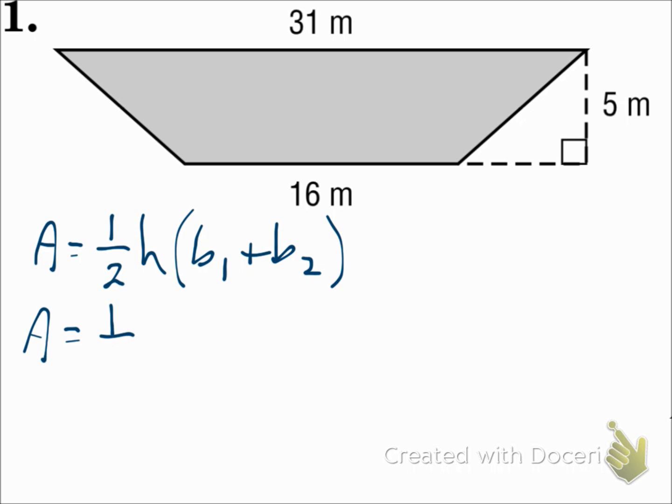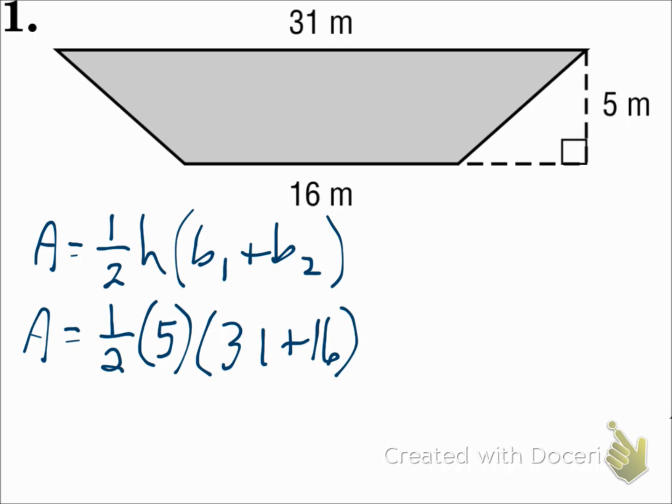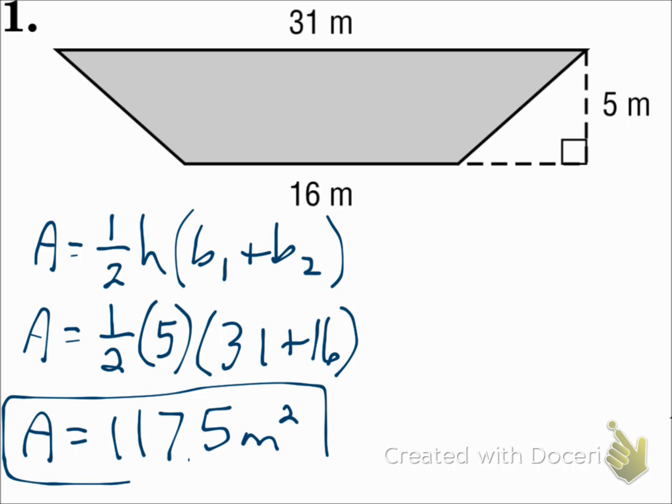The height is 5 and the bases are 31 and 16. That gives you a grand total of 117.5 meters squared. On that one we knew all of the values we needed, so we just substituted right in.